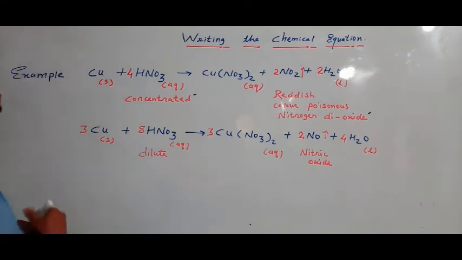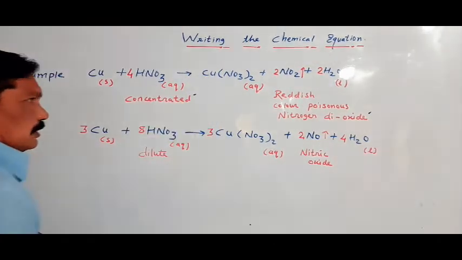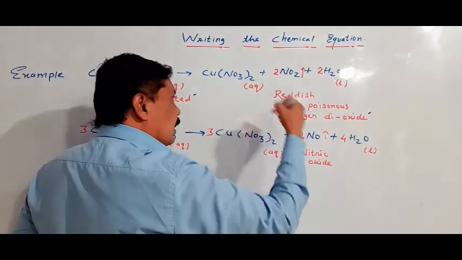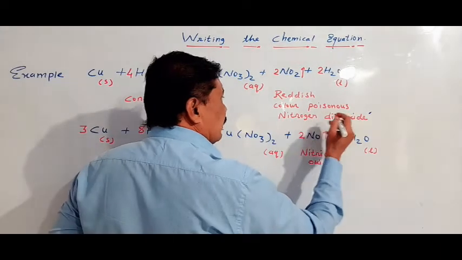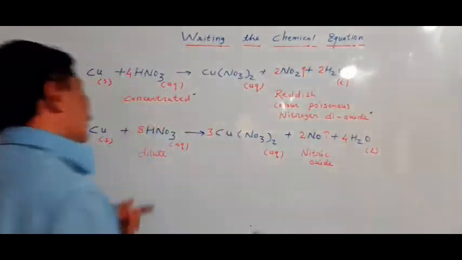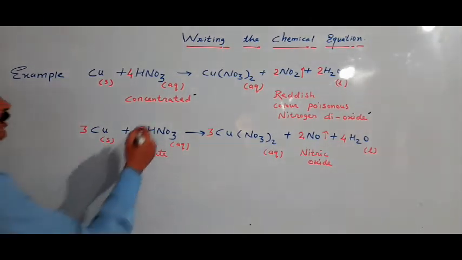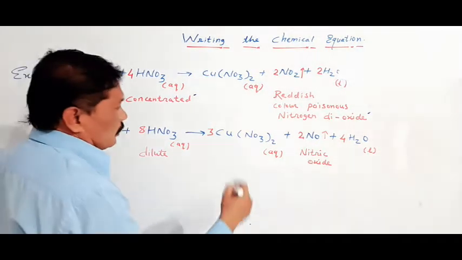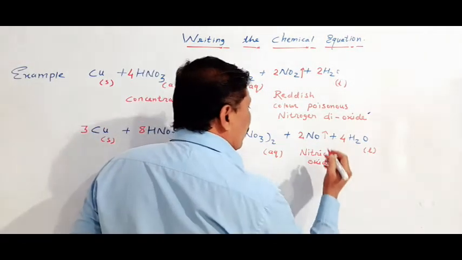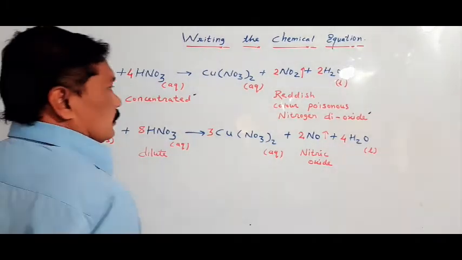In the first reaction, concentrated acid is used and the product which we get is reddish color poisonous nitrogen dioxide. Whereas if we take dilute nitric acid, then we get the product as nitric oxide in the reaction.